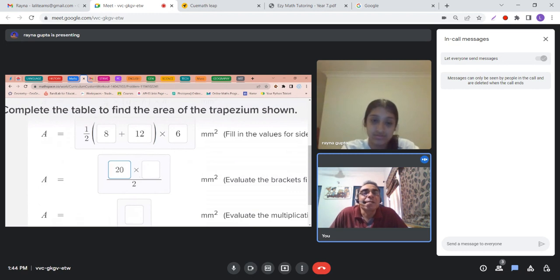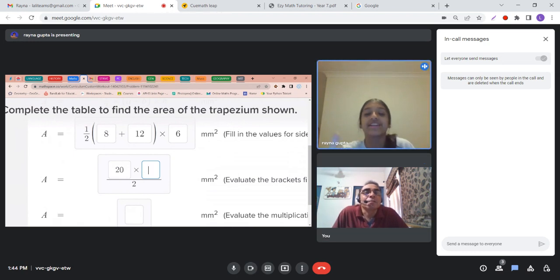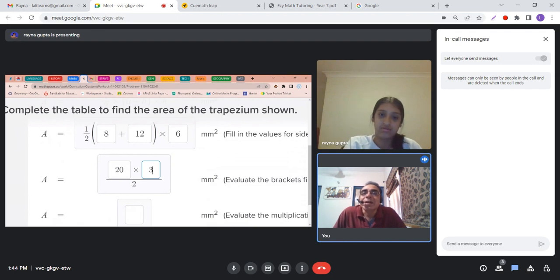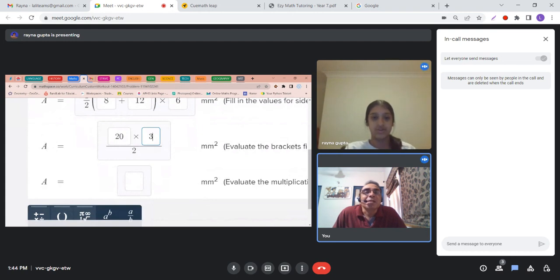Okay, 20 is inside the bracket. Then it's multiplied by half and 6. That half can easily strike off 6. How many times? Two. No, no, three. So that 3 goes over there. So you multiply it either way, 20 by 2 times 6, because it is a product.